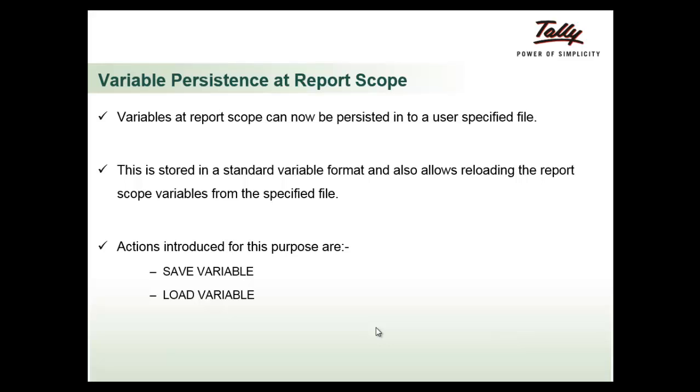So I explained the persistent behavior of the variable. Only the system variables can be persisted in the file tally.save.cfg. We know that. So in case you want to persist the values of the variables which are at report scope, or you want to persist those system variables which are not persistent in nature, into a user defined file, then you can use the actions save variable and load variable.